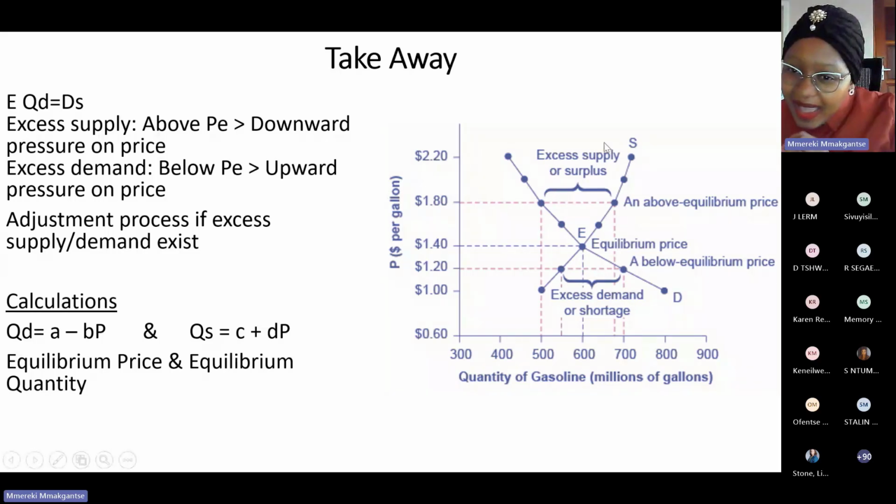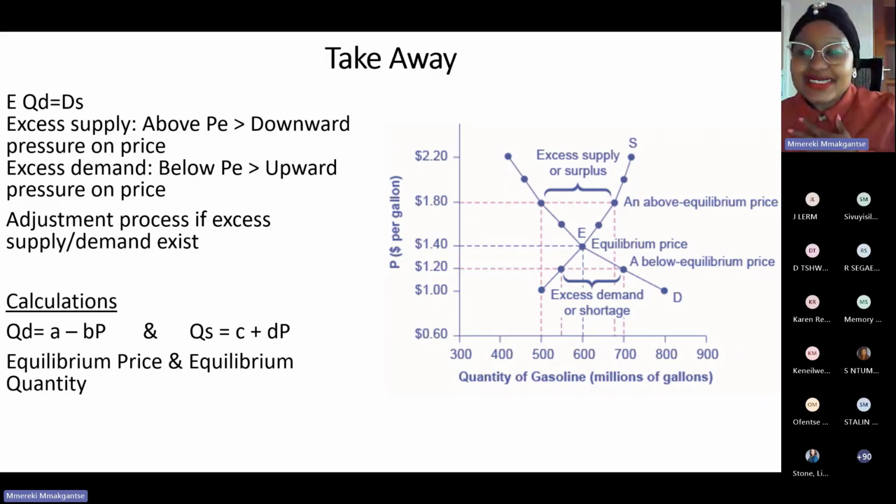It is above the equilibrium price. Therefore, does excess supply put upward pressure or downward pressure on the price? Come on, people. Yes, it puts downward pressure on the price.